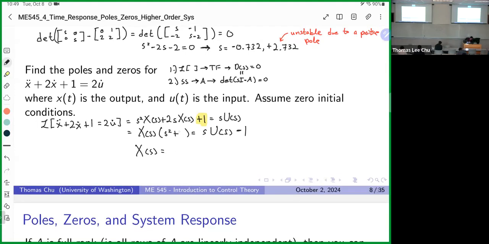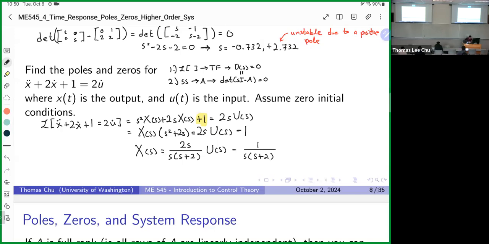Thank you. This should be a 2s here and 2s U of s. All right, so then we get 2s over s plus 2 multiplied by U of s minus 1 divided by s times s plus 2.